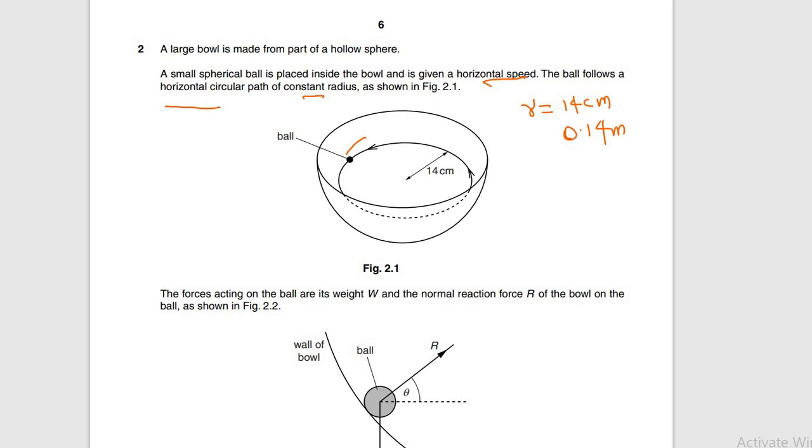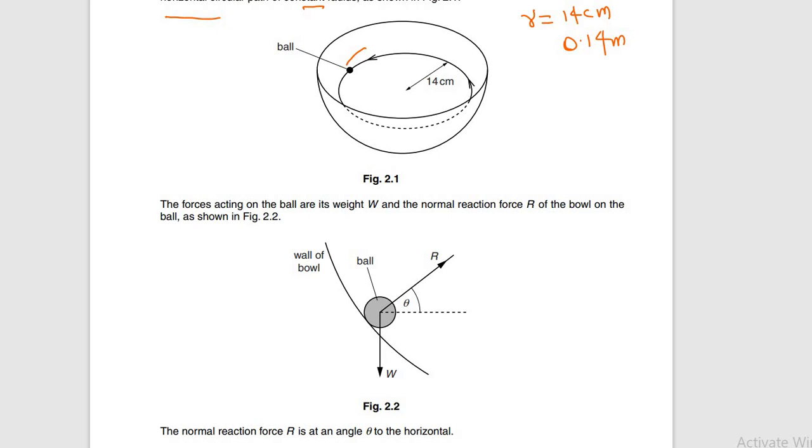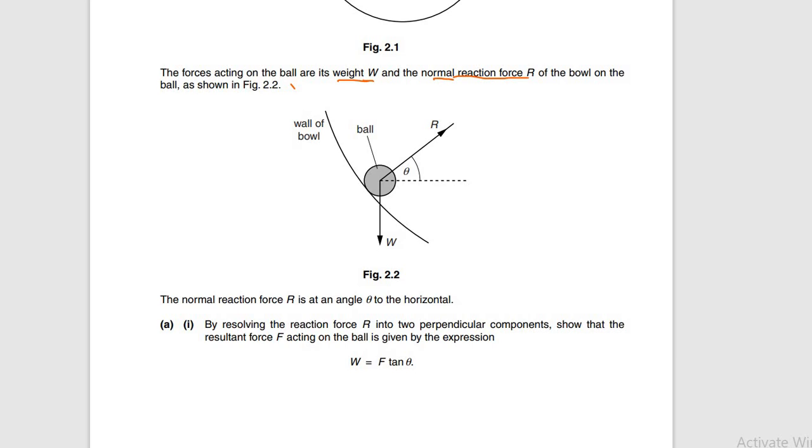The forces acting on the ball are the weight, W in this case, and the normal reaction, R, as shown. You can see the normal reaction is at an angle theta. Whenever you see that, they want us to resolve the normal reaction vertically and horizontally.